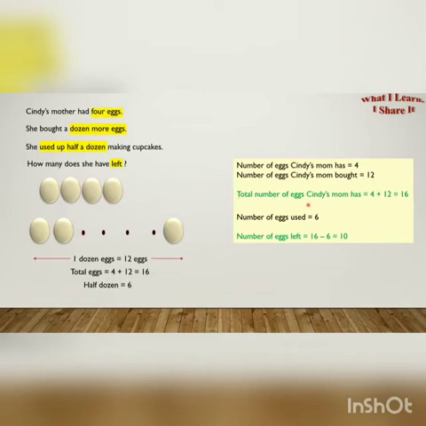Total number of eggs Cindy's mom has is 4 plus 12 equals 16. Number of eggs used is 6. Number of eggs left is 16 minus 6 equals 10. So Cindy's mom is left with 10 eggs. Yay! We solved another problem.